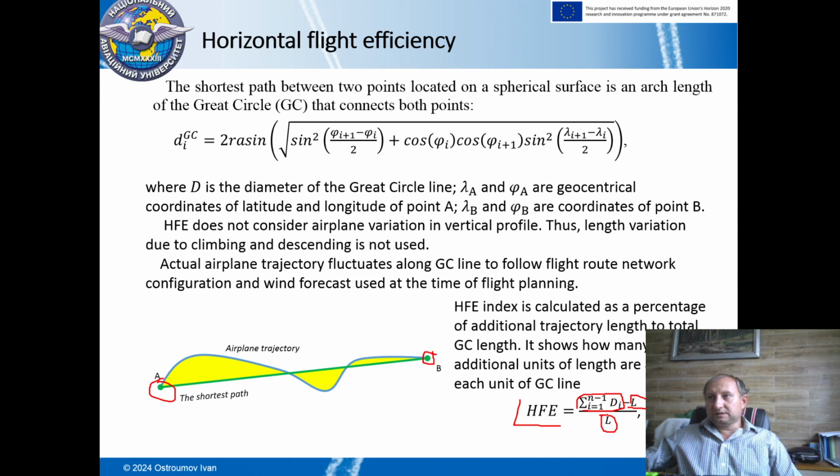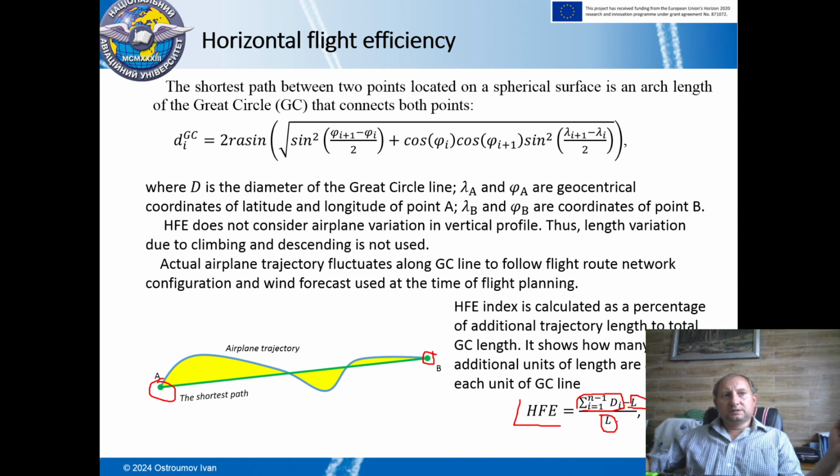Actually, it means that we calculate the trajectory length, then count how much longer our trajectory is than the shortest path, and then find a percentage relative to the shortest path.